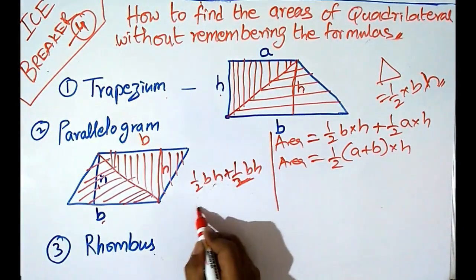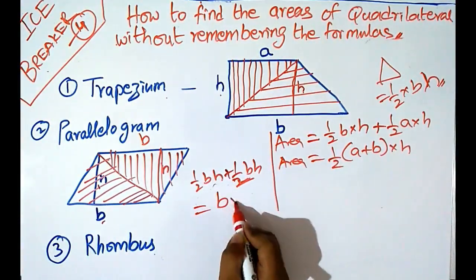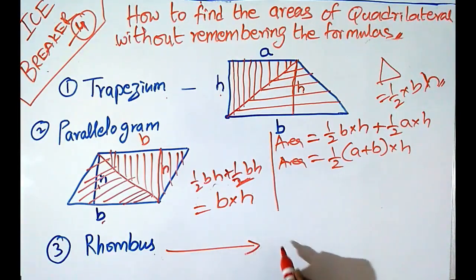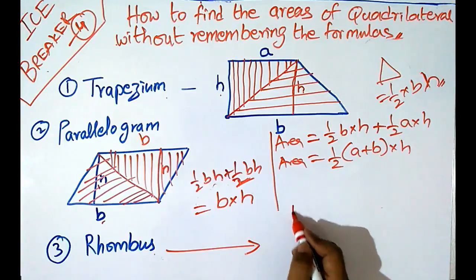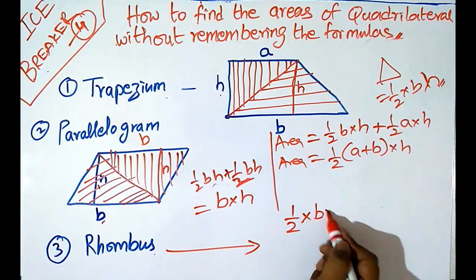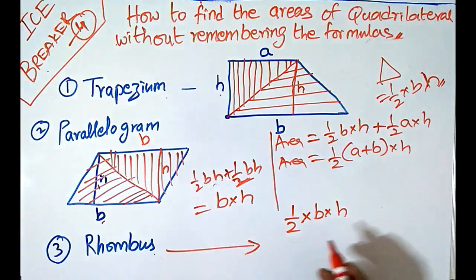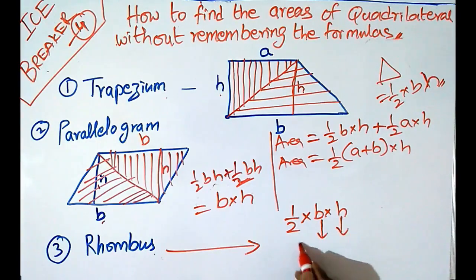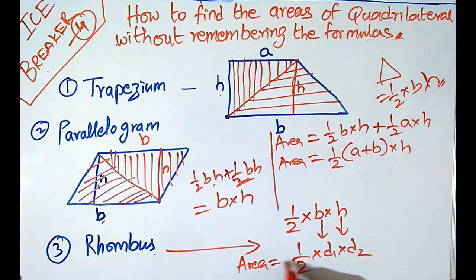Here half BH plus half BH becomes BH. In rhombus, you know the formula for the area of the right angle triangle, which is nothing but half BH. Here in rhombus, you are going to replace this B and H with the two diagonals, that is D1 into D2. Here the area of rhombus is half D1 into D2.